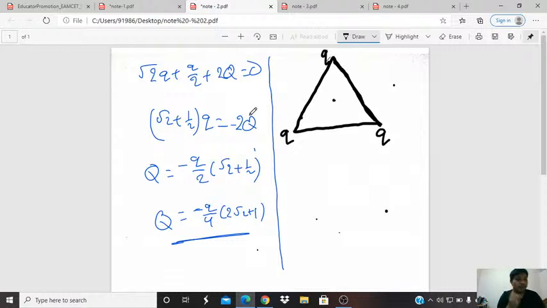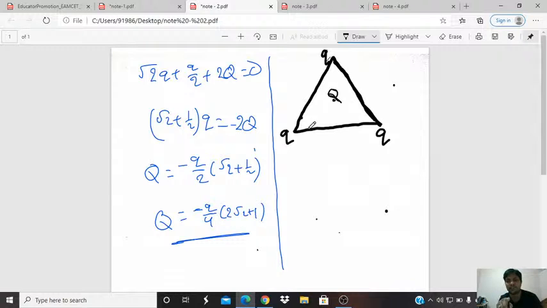Same, you can consider. Let the charge here be Q, capital Q. You can consider same. You can take the net force.